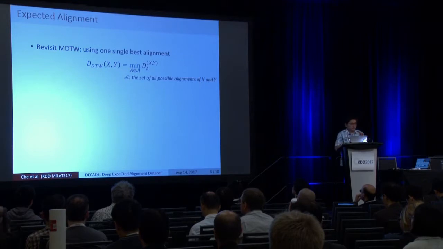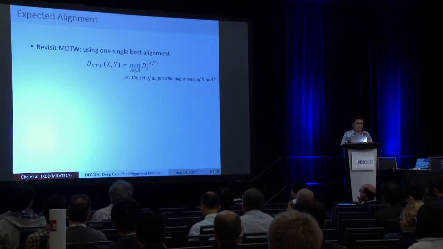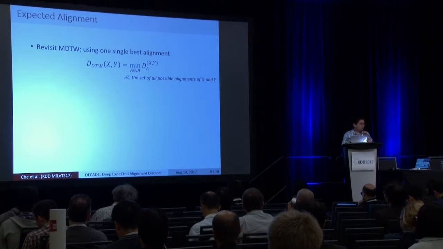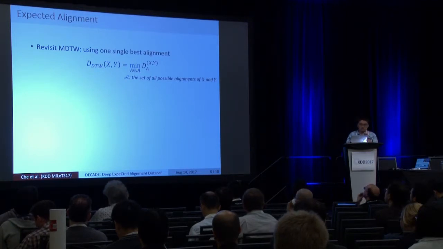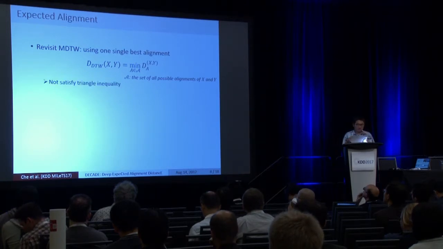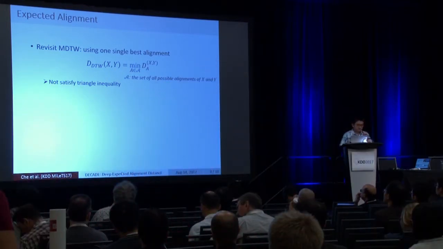Before we introduce expected alignment, let's look at dynamic time warping, which takes only the one single best alignment from all the possible alignments of the two time series. We know that there are some issues with the choice of the one single best alignment. First, DTW doesn't satisfy the triangle inequality.